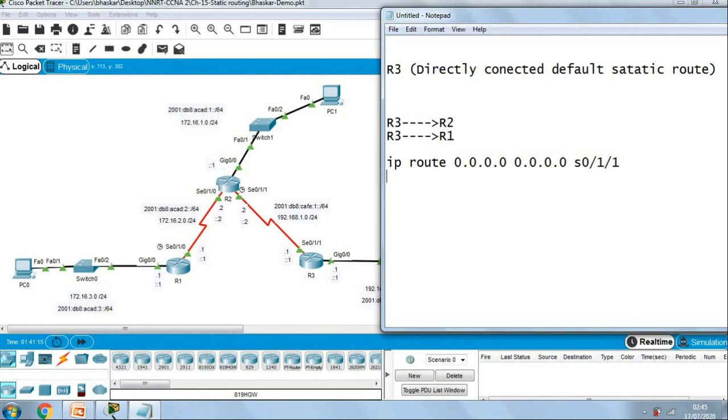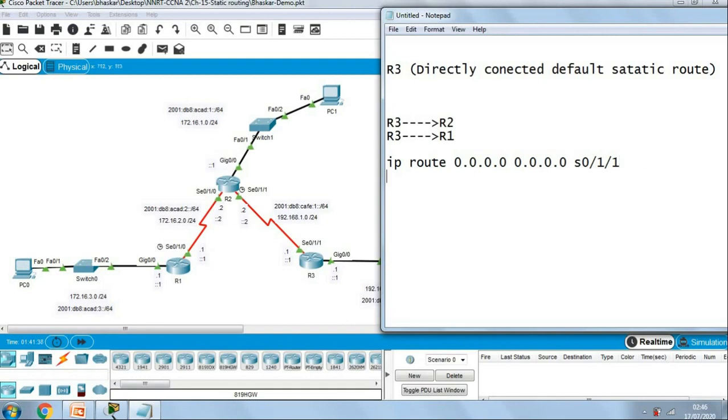Now I write for this one, same exit interface. I write for this one, same, because for example if I write for this one, IP route 0.0.0.0 and the exit interface is the same, that's why no need to write again. For example, see here, I am writing this static route. Imagine from R3 to R2 means this one, right?